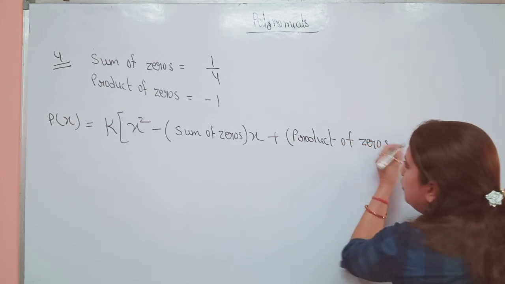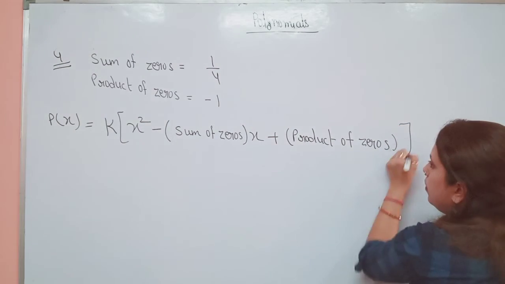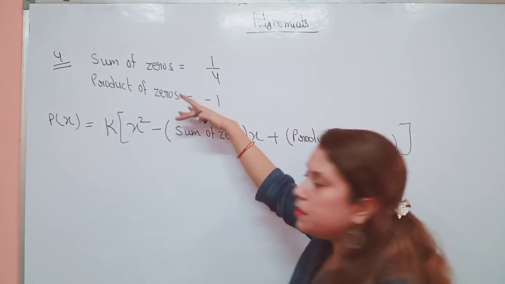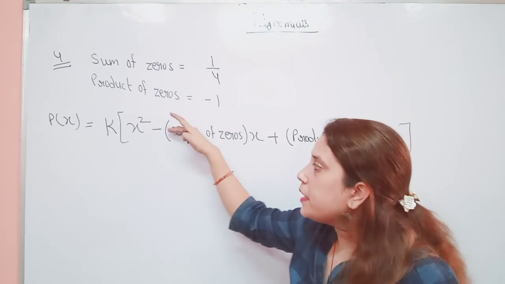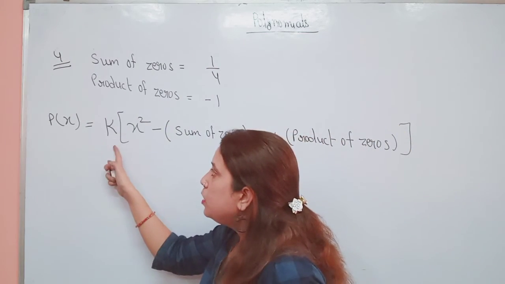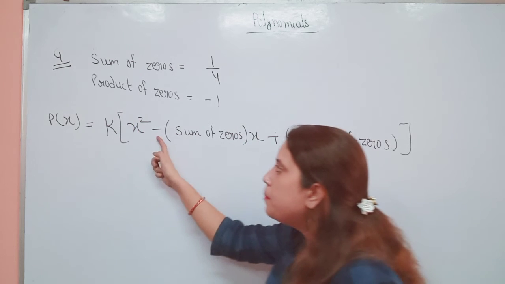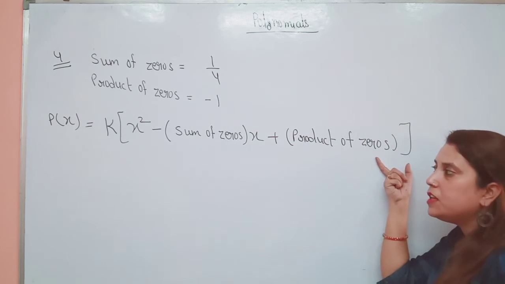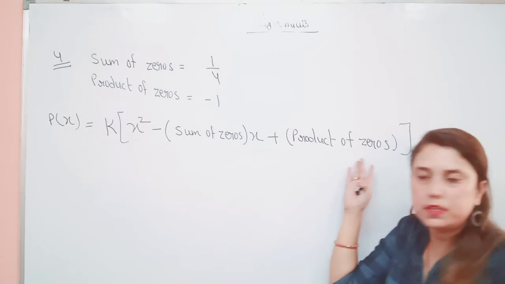This is the formula. Okay beta? How to find the quadratic polynomial if sum of zeros and product of zeros are given? So p(x) is equal to k times x square minus sum of zeros into x plus product of zeros, and after that it will be a constant term.